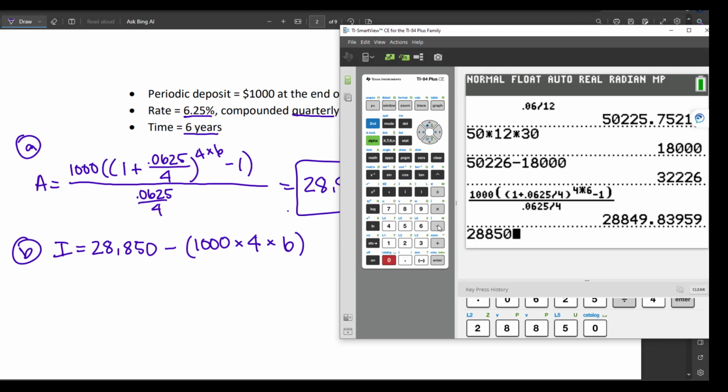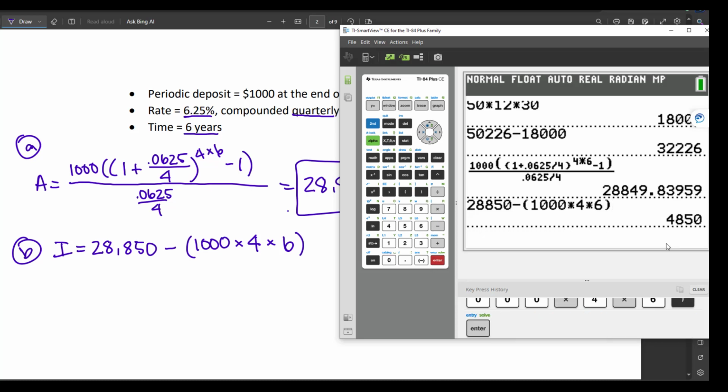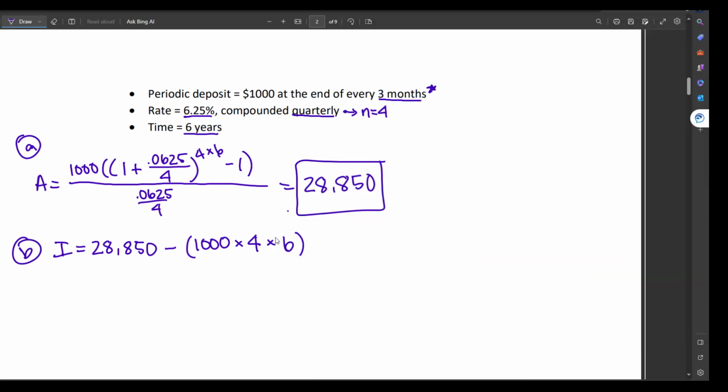So 28,850 minus, open our parentheses, 1,000 times 4 times 6, gives $4,850 in interest. I like to do it separately, because I like to see how much money was put into the account. So 4,850 is our interest.